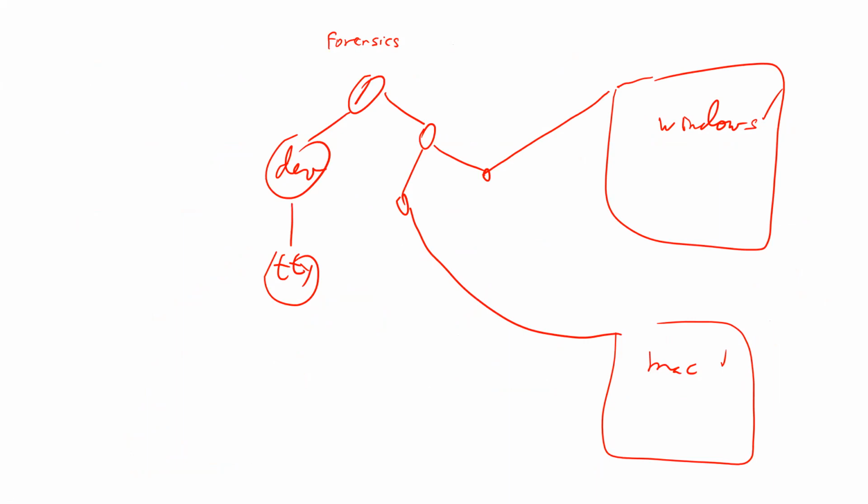Then you could image individual drives from a compromised Windows computer or a compromised Mac computer, and mount them at specific points with various conditions. They just become part of your file system so that you can take a look at them. That's the main idea there.